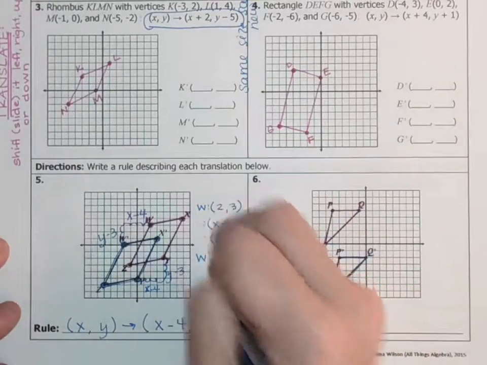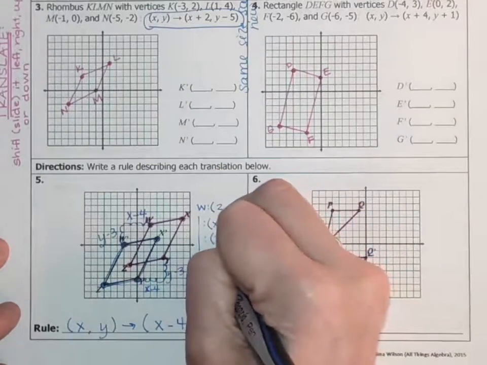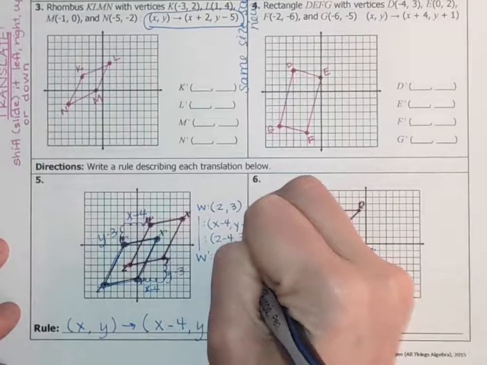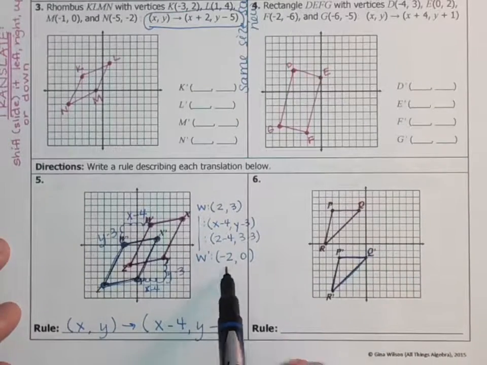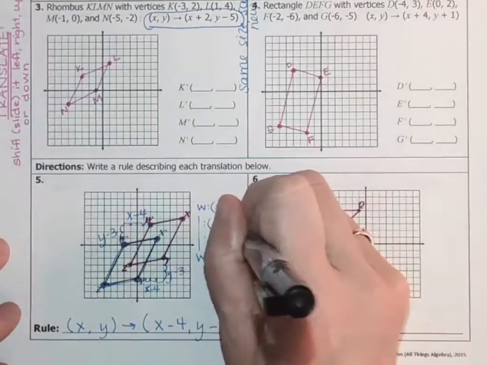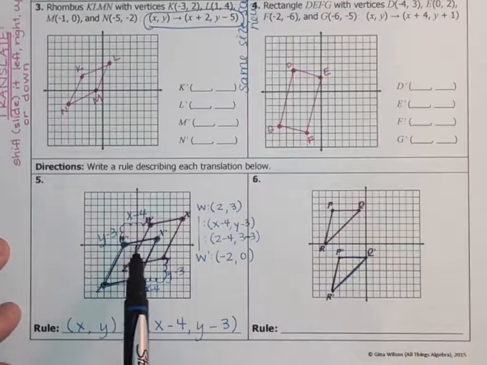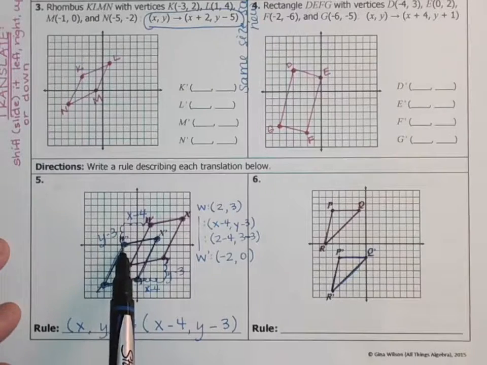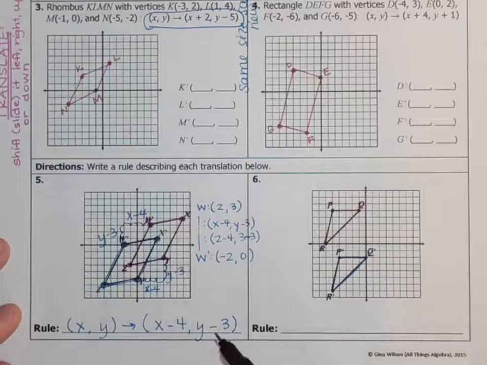All right, so our W prime values should end up being negative 2, 0. Because I subtracted 2 minus 4 and got negative 2, and 3 minus 3 and got 0. All right, let's take a look at W prime. So I've got negative 2, 0 as my point. So you could do this algebraically or graphically, whichever way is more comfortable for you. So there's our rule for that translation.